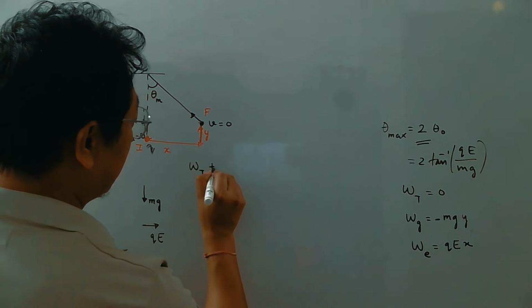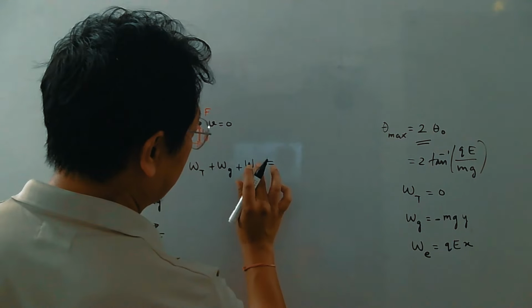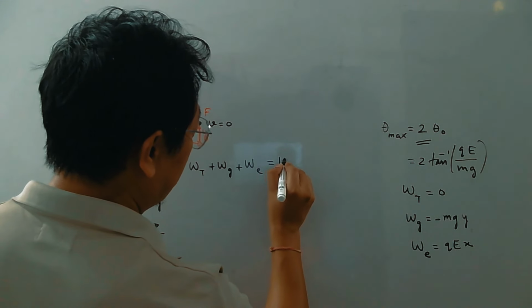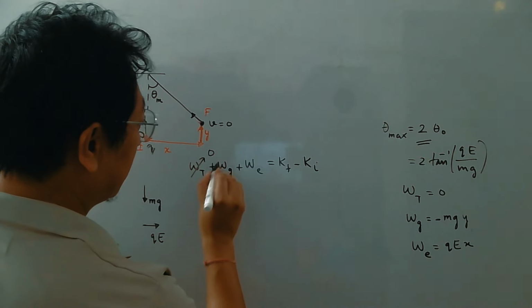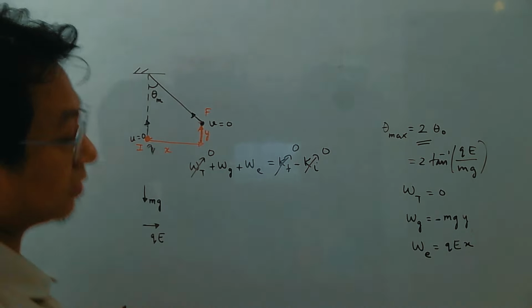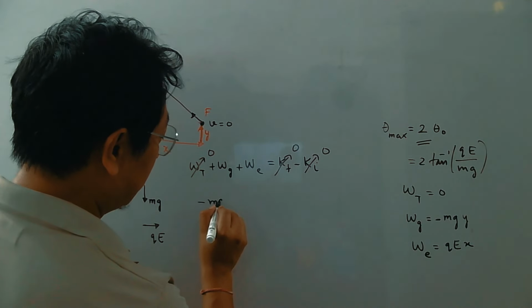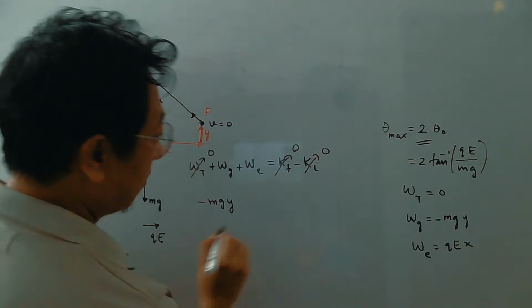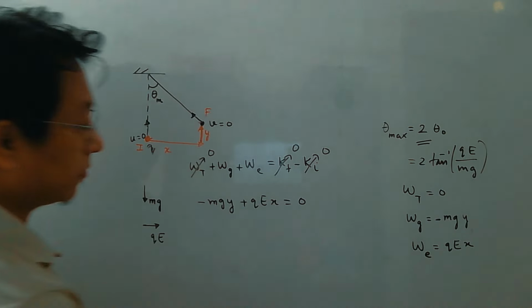Work done by tension plus work done by gravity plus work done by electrostatic force will be equal to the change in kinetic energy. This is 0. This is also 0, because initial velocity and final velocity are 0. Work done by gravity is minus mgy and work done by electrostatic force is QEx, and that is equal to 0.